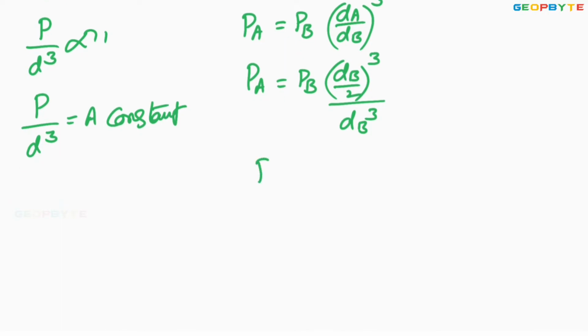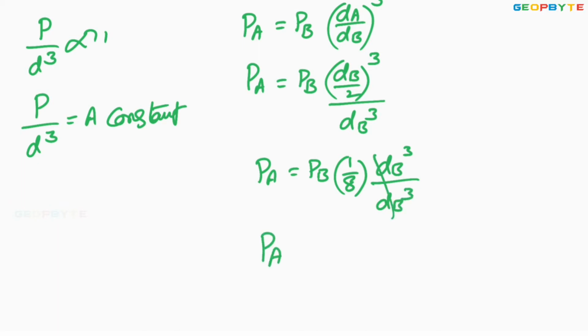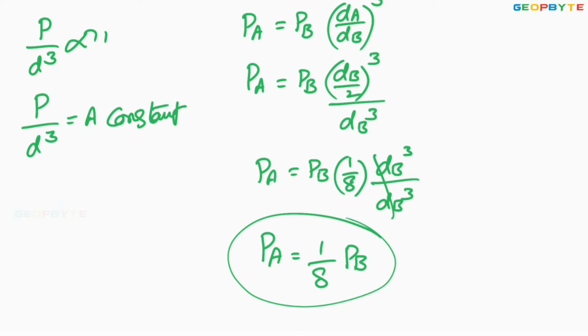So power transmitted by A equals PB times 1 by 8 times dB cube by dB cube. These two cancel. Therefore, power transmitted by A is 1 by 8 times that of B. PA equals 1 by 8 times PB.